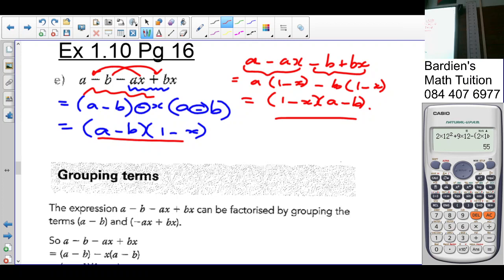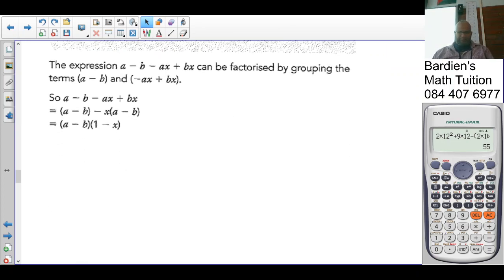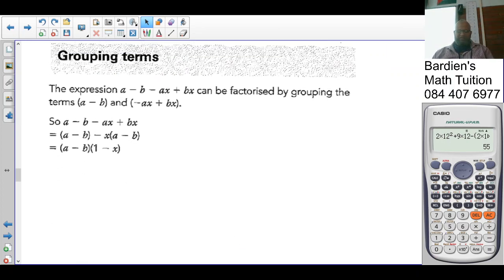I could have put these two first and those two second. I would have also gotten something similar to that. But this year, the first one and the second one will get the full mark for it. You guys understand? So your heading is grouping terms, and we just did 2 examples of grouping.